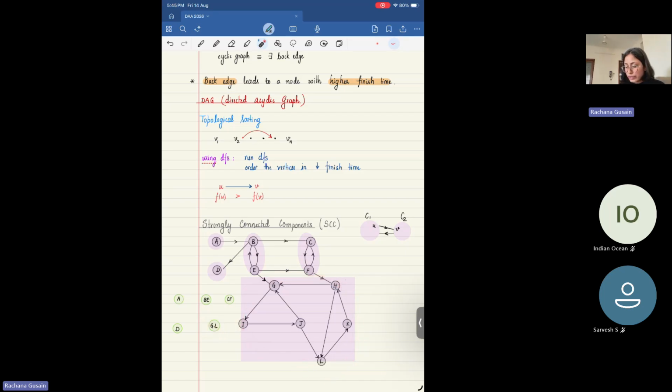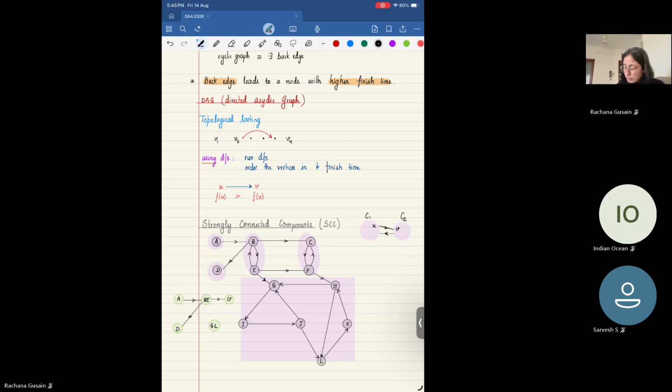Now I want to look at a graph on these components. In the original graph, I see there is an edge from A to B, so I'll put an edge here from A to BE. Similarly, from B to D, I had an edge, so I'll put an edge from BE to D. Then between BE and CF, I had two parallel edges in the same direction, so I'll just put one single edge here, BE to CF.